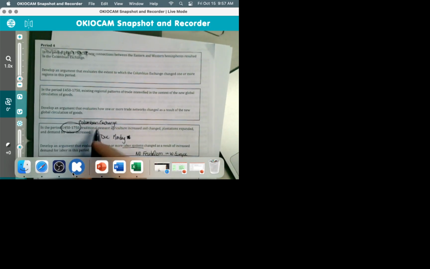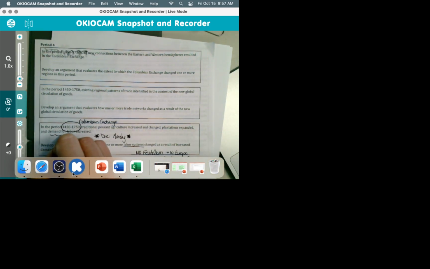What is something else you should have pulled out from the prompt that is a huge point of focus? Brady. Okay, so, ladies and gentlemen, traditional peasant agriculture increased, changed, plantations expanded, and really demand for labor increased.